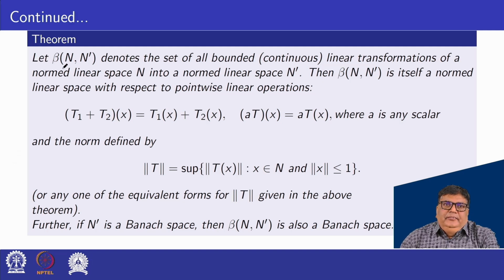Theorem: let B(N, N') denote the set of all bounded, that is continuous, linear transformations of a normed linear space N into N'. Then B(N, N') is itself a normed linear space with respect to pointwise linear operations, (T1 + T2)x = T1x + T2x and (aT)x = a T(x), where a is any scalar, and the norm defined by norm T equals the supremum of norm Tx such that x belonging to N and norm x less or equal to 1, or any one of the equivalents for norm T given in the above theorem as discussed in the previous lecture.